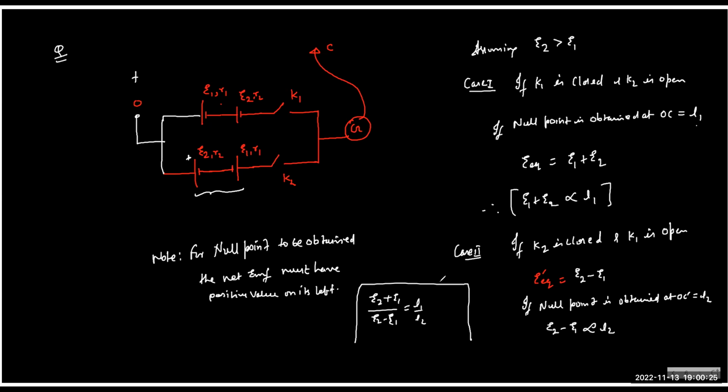Correct, L1 is bigger, because L1 is representing the sum of potentials, L2 is representing the difference. So it must be small. So that's logical. L1 is bigger. So if you solve and get the ratio of E2 upon E1, you will get something like this. I hope this is clear.